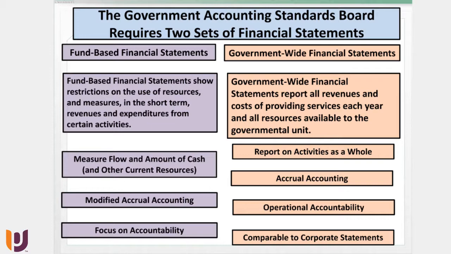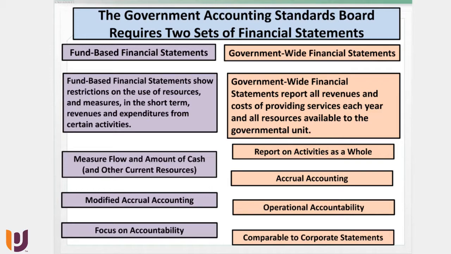The fund-based financial statement shows restrictions on the use of resources and measures in the short term, revenues and expenditures from certain activities. The government-wide financial statements report all revenues and costs of providing services each year and all resources available to the government unit.